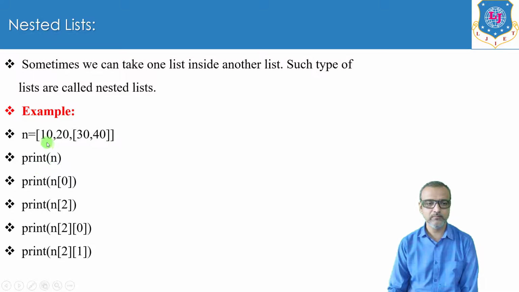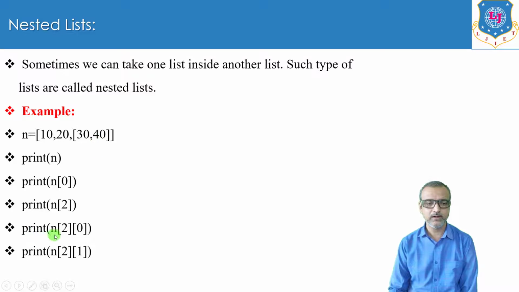Print n will print all the elements of this list n, that is 10, 20, and then this one list. Print n[0] will print the first element, that is 10. Print n[2]: this is at index 0, this one is at index 1, and this whole list is at index 2. So print n[2] will print these elements, that is 30, 40.